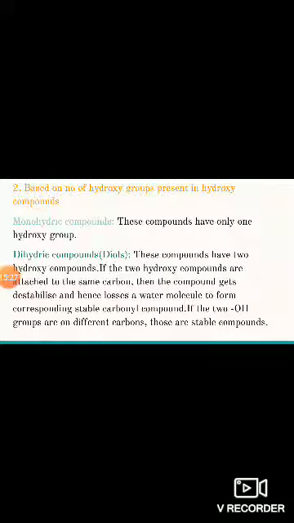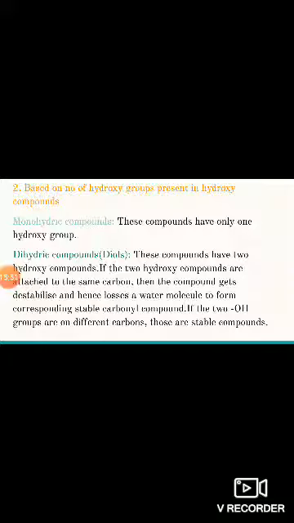Next, the second one, vicinal diols. Vicinal diols are the type of diol where the two hydroxy groups are located on adjacent carbons, that is vicinal carbons. Adjacent carbons are nothing but vicinal carbons.